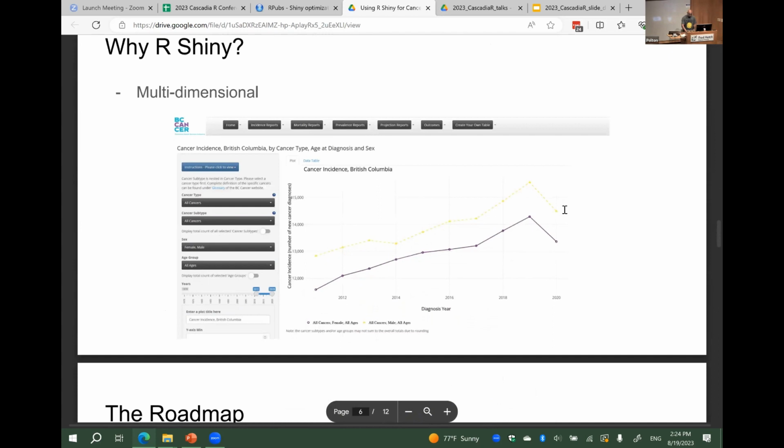The last one was the multidimensional nature of our Shiny. This is a snapshot of our current dashboards that are all made using our Shiny. By multidimensional, I mean that the users are able to slice and dice the data the way they want. They can select the type of plot they want, the number of years that they want to look at, and any of the other reports on the top that they want to switch to.